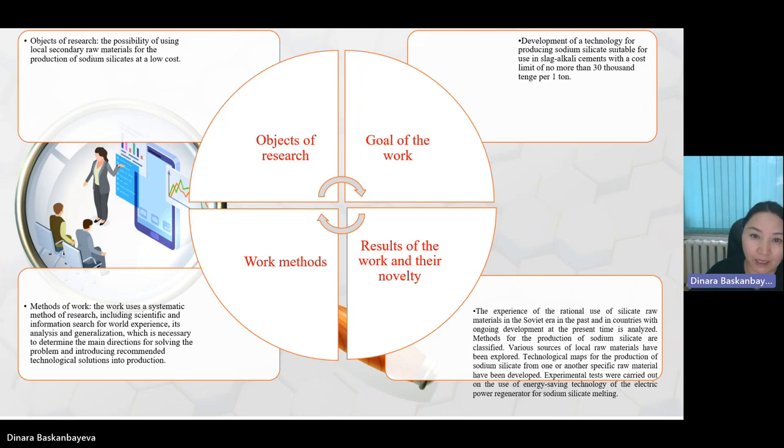We have studied all the available experience in the production of sodium silicate, both now and in the past.